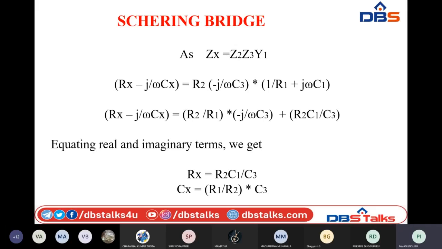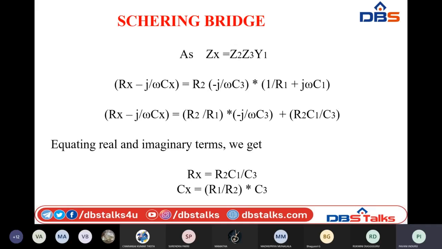After simplification, we need to simply multiply R2 by R1 with minus j by omega C3, because here we have real and imaginary parts already separable. So if you look at it, we can simply equate Rx with R2 C1 by C3, the only real part available.